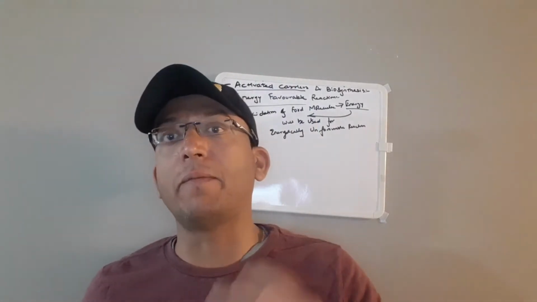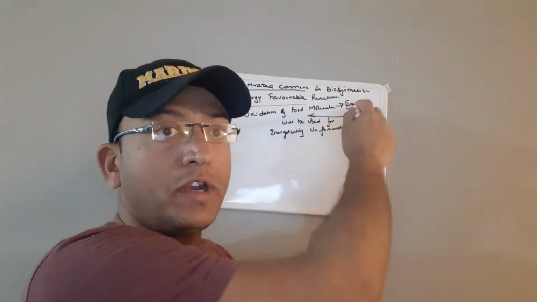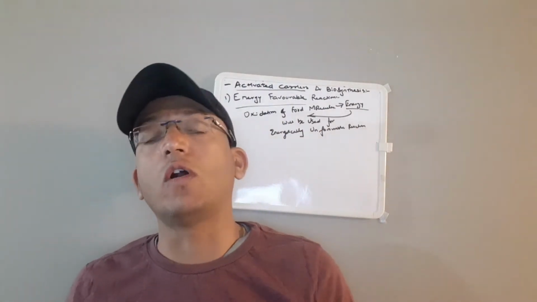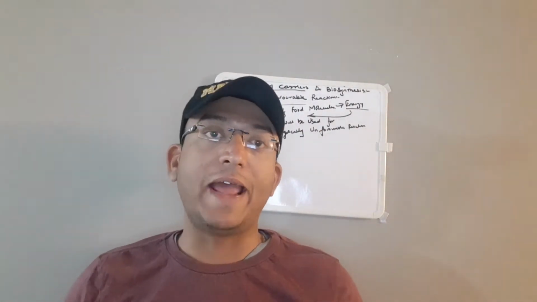These molecules diffuse rapidly and carry their bond energy from the sites of energy generation to the site where the energy is used for biosynthesis or for other energy requiring cell activities. All right.